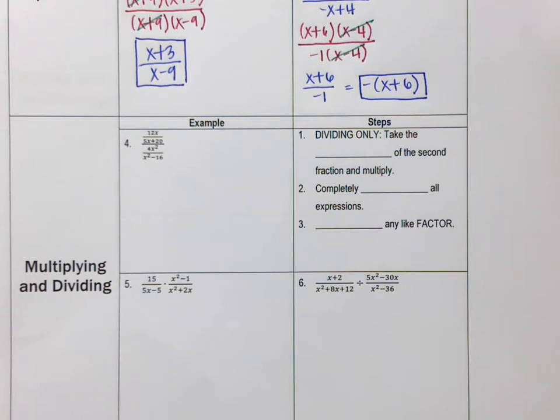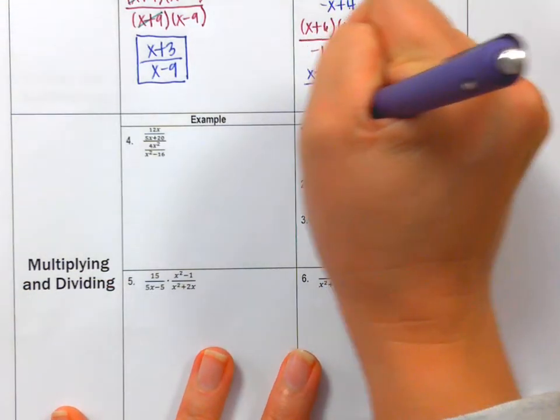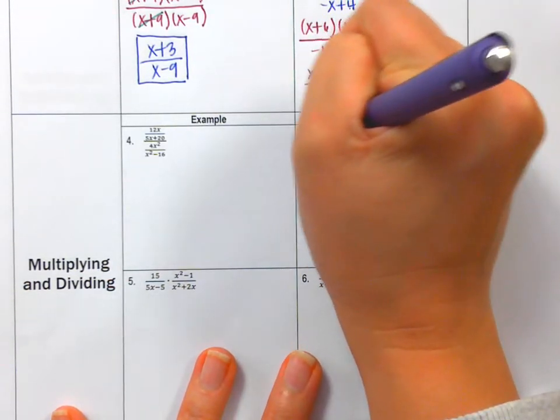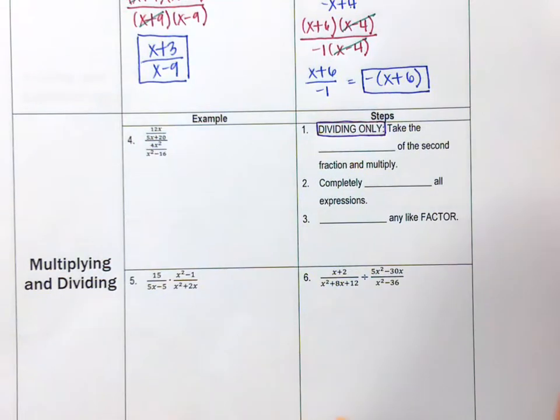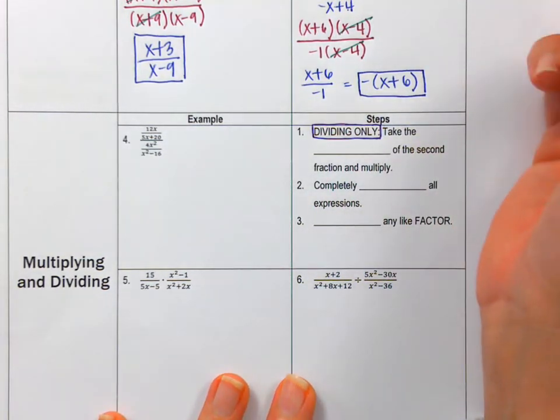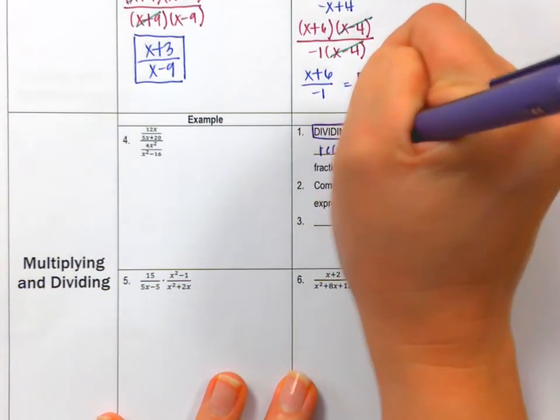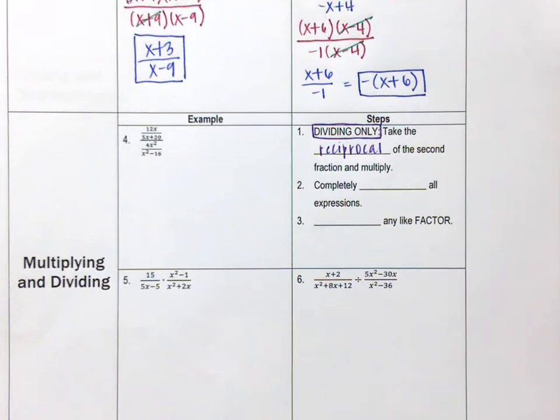Okay, so your first step with dividing only, that's super, super important. With dividing, and only with dividing, not multiplying, just dividing, in normal situations we want to take the reciprocal of the second fraction and multiply.